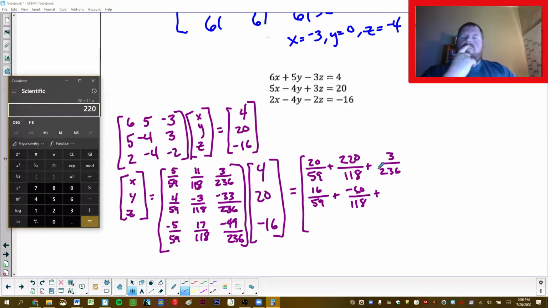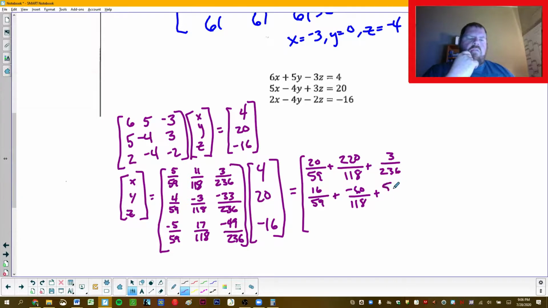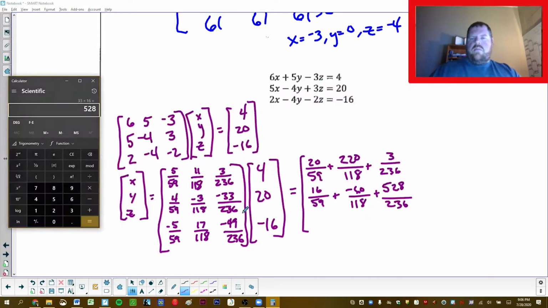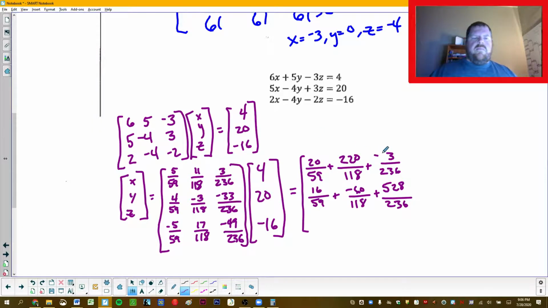That's wrong. Hold on. 33 times 16. So this one is positive 528 over 236. This one right here is incorrect. Should be negative 48. Last row here, negative 5.